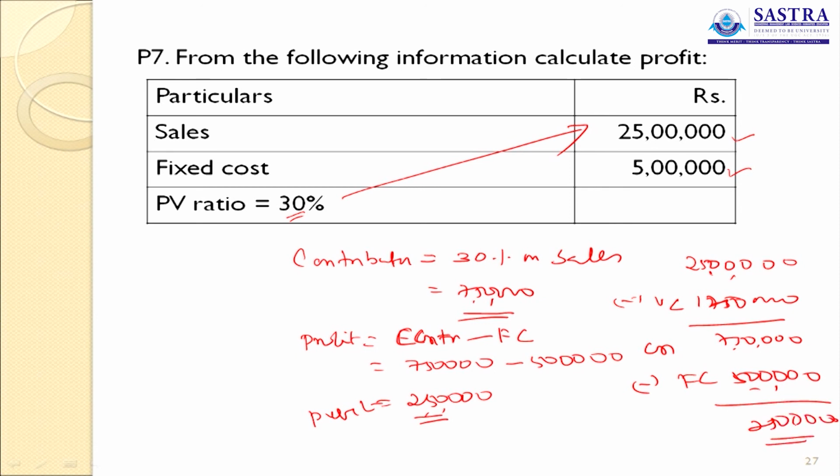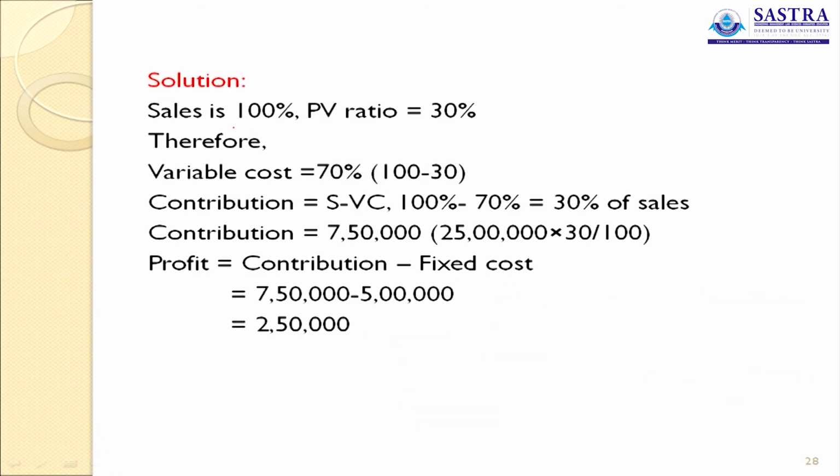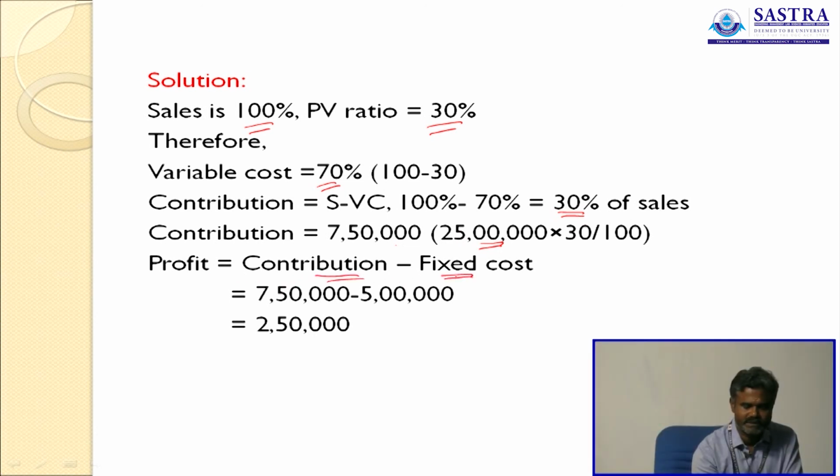This is a way of calculating profit. So sales is 100%, PV ratio 30, variable cost 70% on sales, all percentages on sales, contribution is S minus V, so 30%. So contribution is 7,50,000, applying 25 lakh into 30%. So profit is contribution minus fixed cost, 5 lakh. So the answer is 2,50,000.